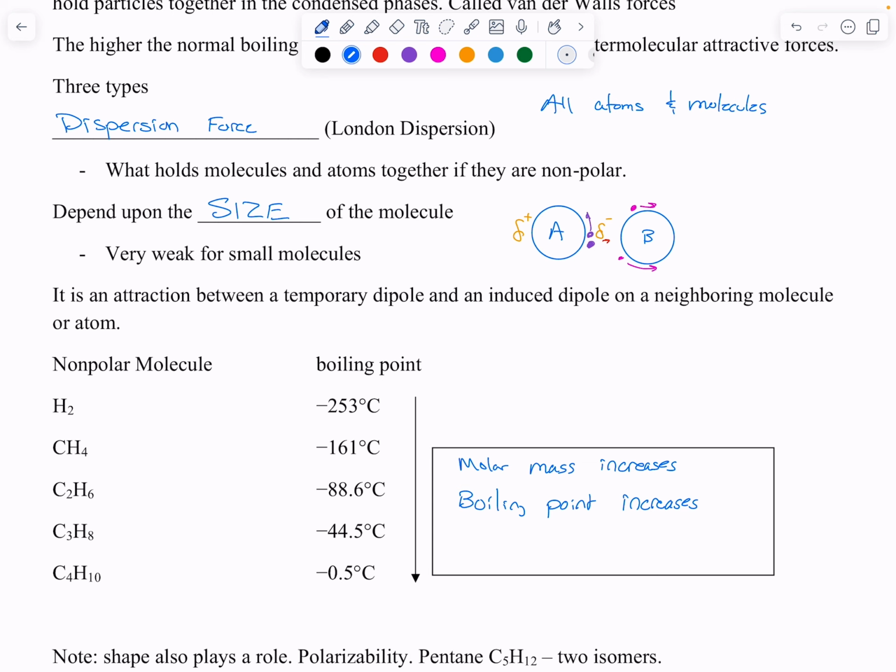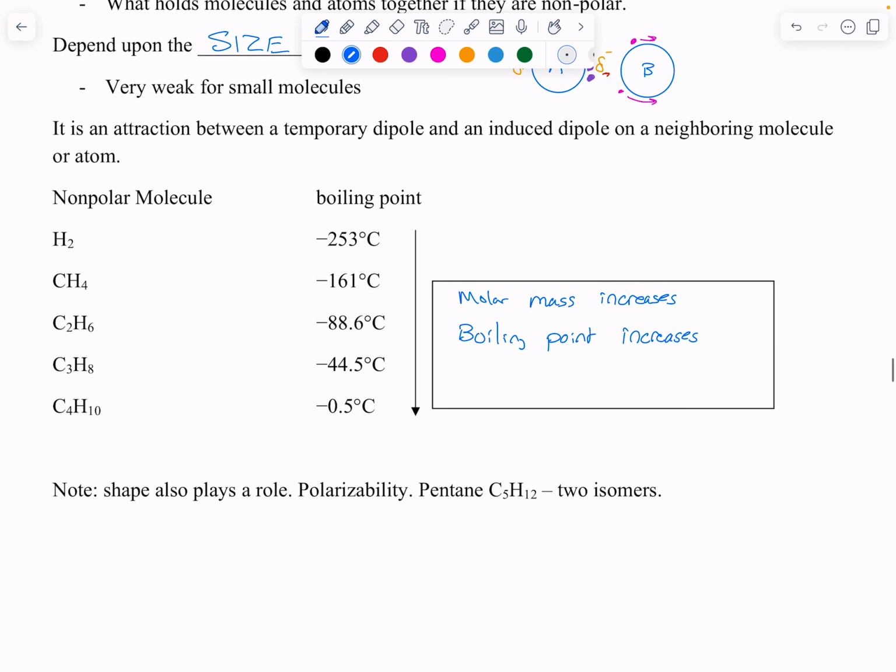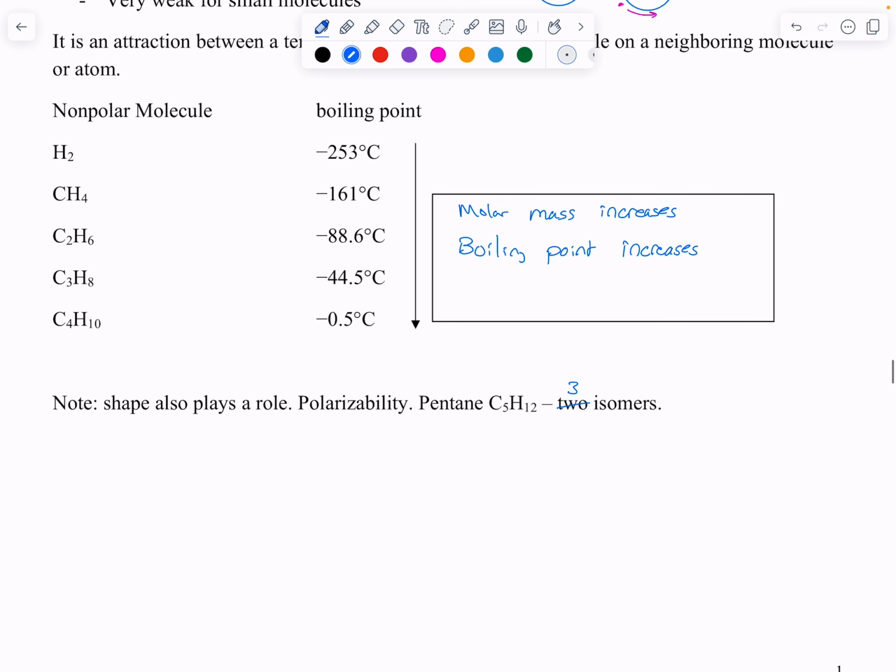Now, there are three isomers of pentane. Normal pentane would be C5H12, and you'd have carbons in a row, all with H's.